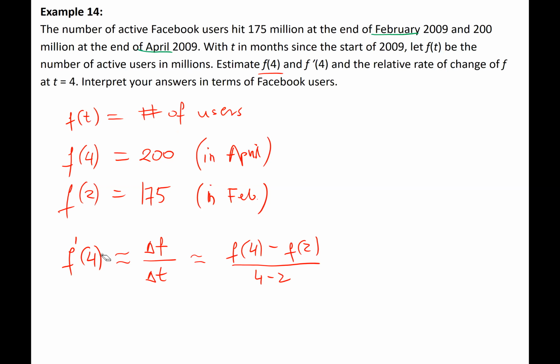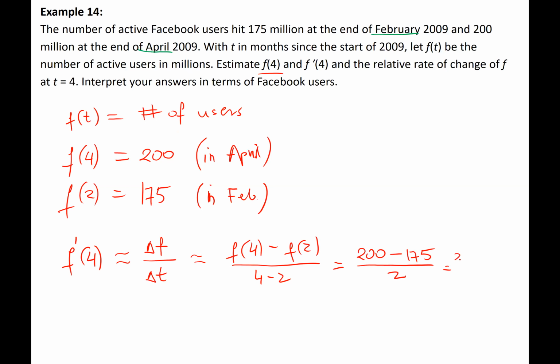Normally it would be good if I had, say, May 1st, but I can't create a tiny time interval. I have to go by using these 2 months. The number of users in April, 200 million minus 175, divided by 2 months.